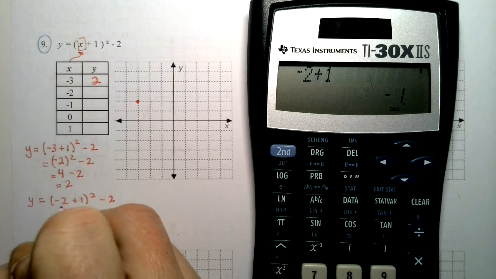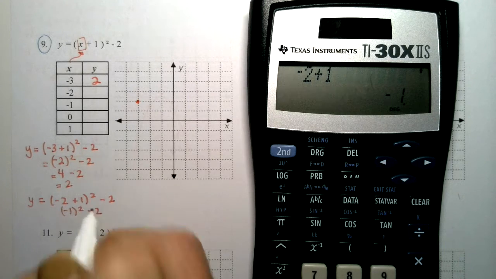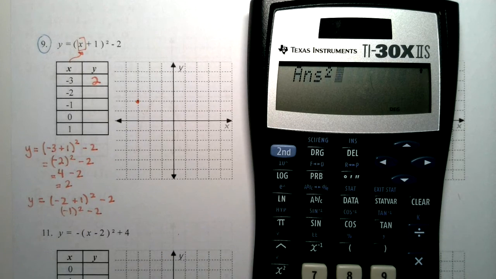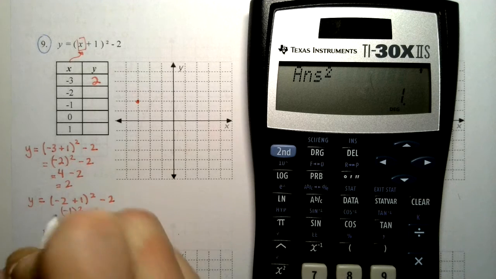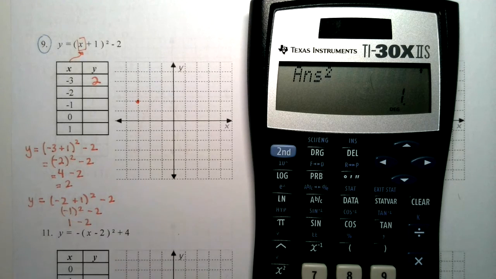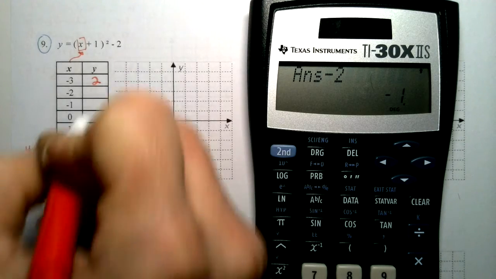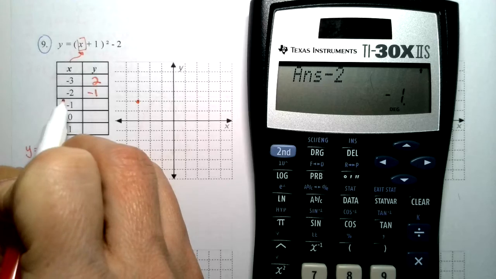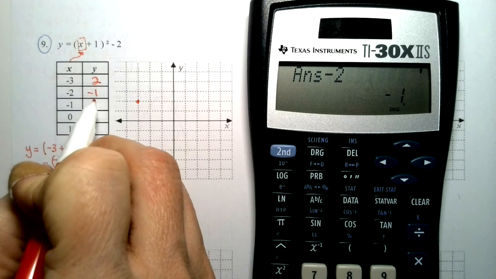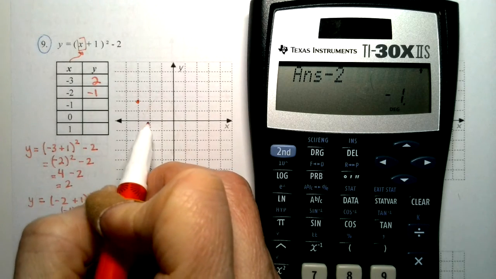I'm going to write that down to make sure that I get that. Then I can square that value. Order of operations says I would square next, and I get 1. I still have my minus 2, and so if I subtract 2, I just hit minus and it pulls the previous answer there, and that gives me negative 1 for my answer. So when x is negative 2, y is negative 1, and we would plot that point.